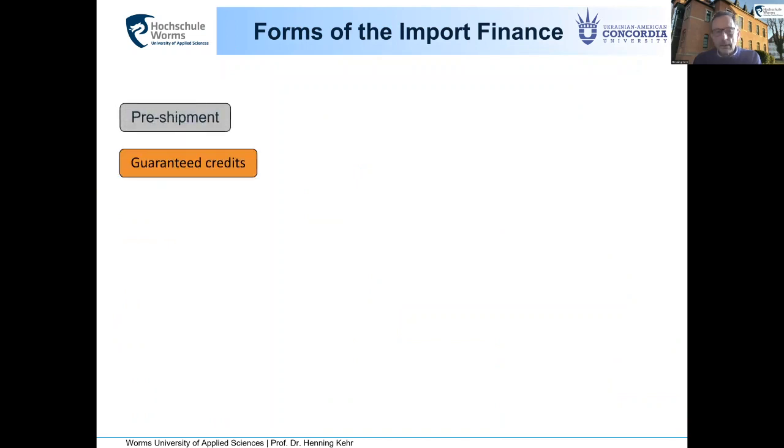So for example, now going ahead with some pre-shipment tools or instruments, as you have seen on the slide before, you can have that as a guaranteed credit or as liquidity.